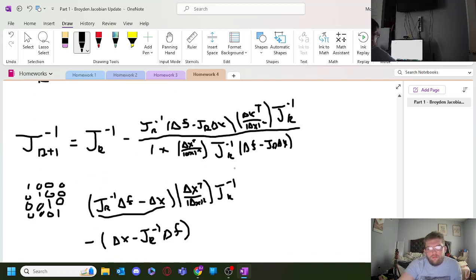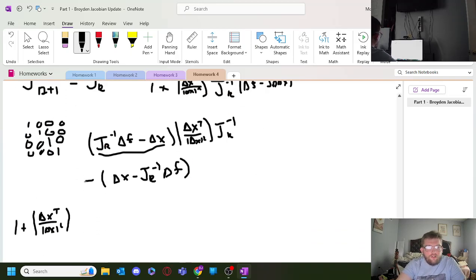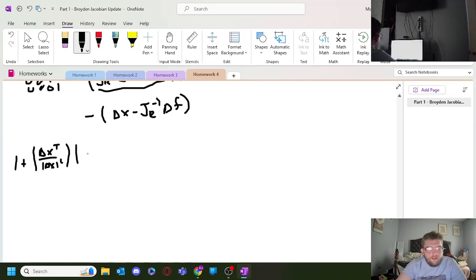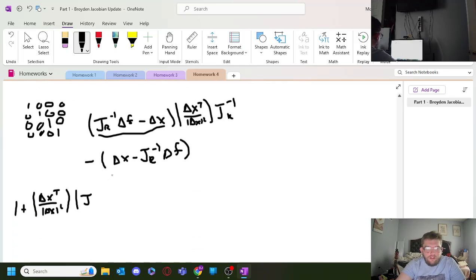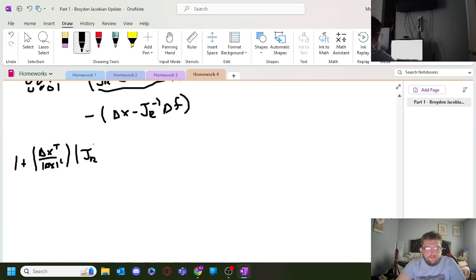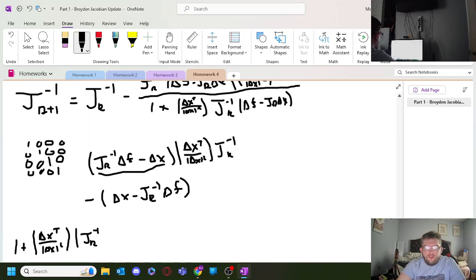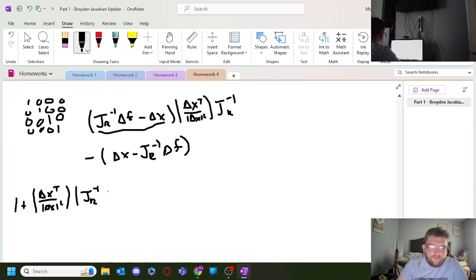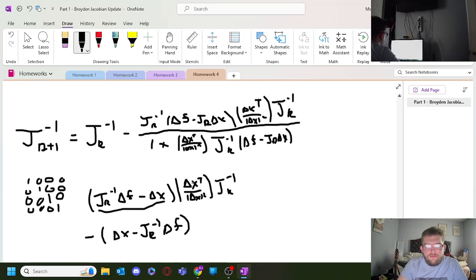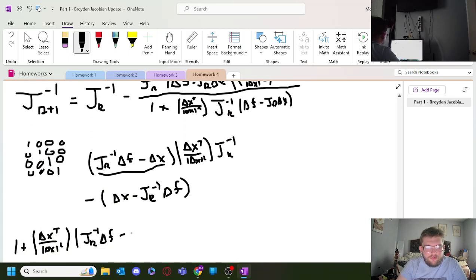And then we can do the same thing at the bottom here too, as we did in the numerator: J sub k on change in f minus delta x.